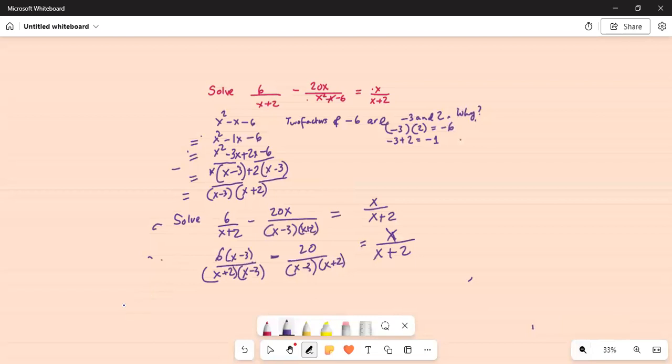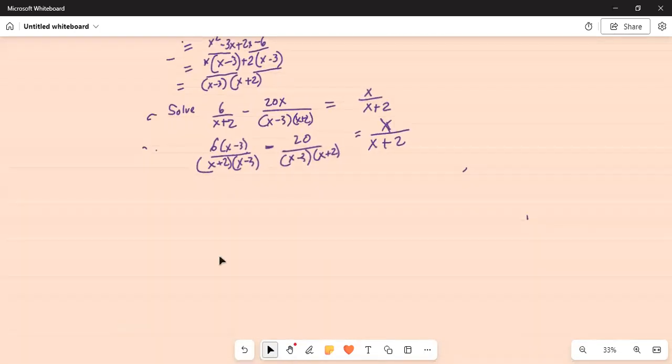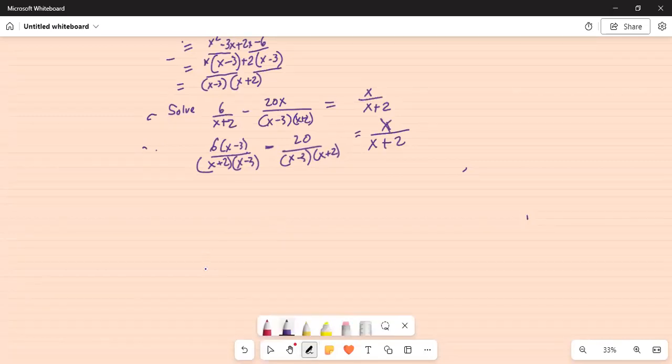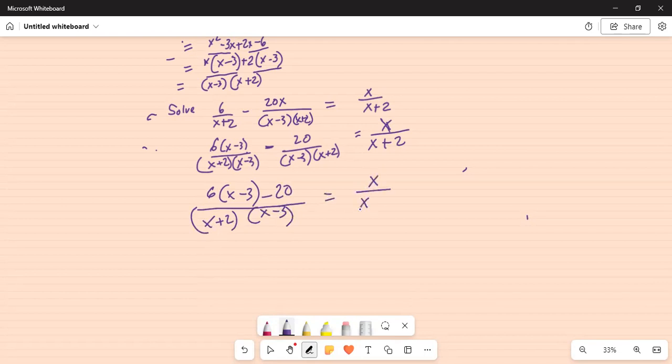Okay. So now the left-hand side becomes 6 times x minus 3 minus 20x, divided by x plus 2 times x minus 3, is equal to x over x plus 2.